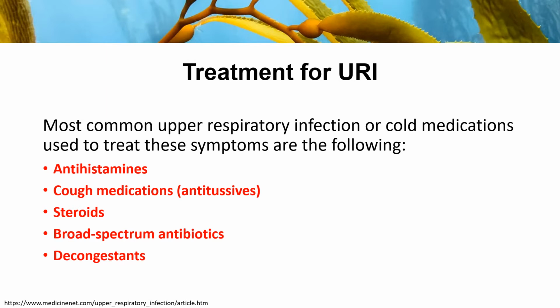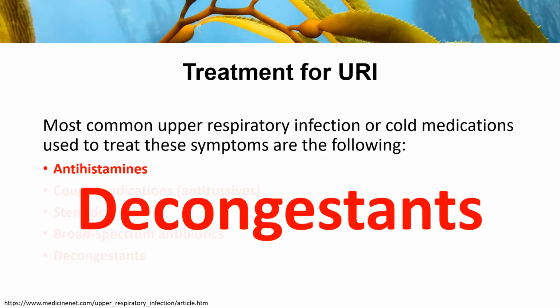Broad-spectrum antibiotics are sometimes used to treat upper respiratory infections if a bacterial infection is suspected or diagnosed. Decongestants, which are used to reduce nasal congestion. Among all of these, I will be focusing on decongestants.